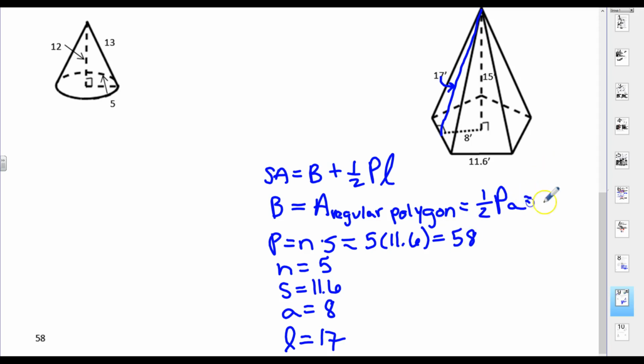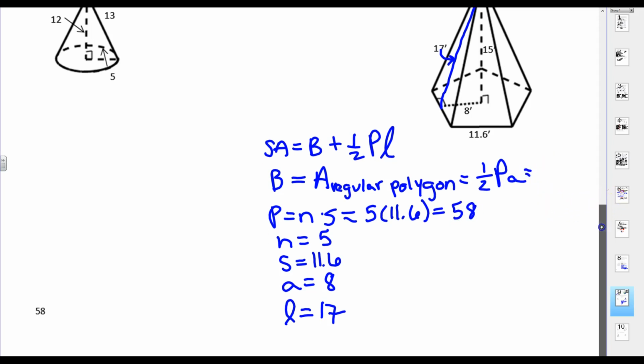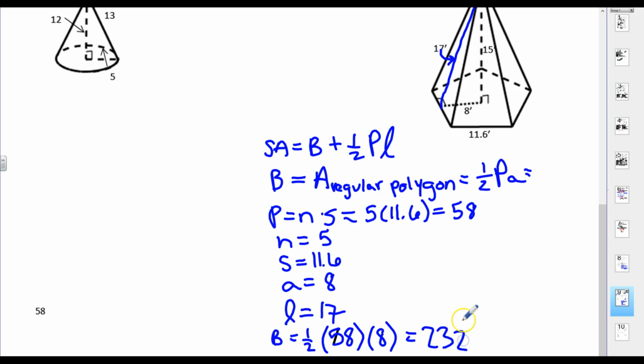And then here, my base area, I don't have space, so I'm going to come down here to do base area. Base area is 1/2 times my perimeter of 58 times my apothem, which is 8. When I work that out, I get that my base area is 232 feet squared.